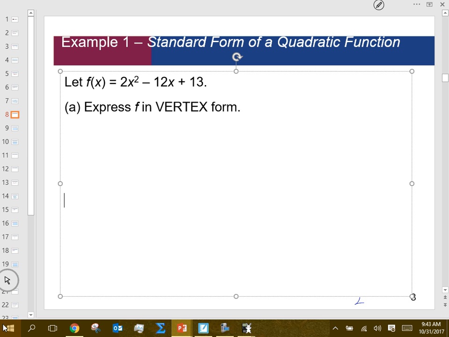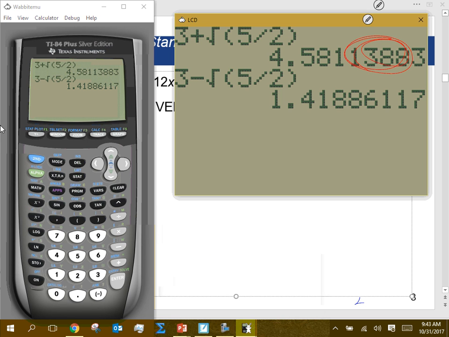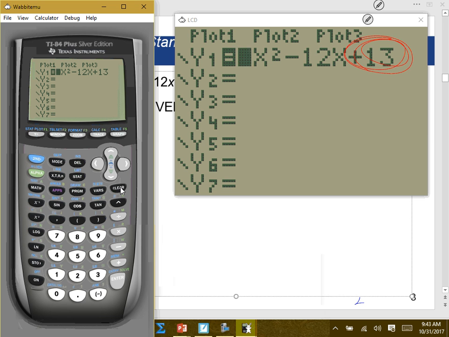First thing I'm going to do, I'm going to y equals, and I'm going to type in that function. Okay, so y equals, and I look at that function. The only drawback right now, I guess, of using your calculator, I use the old TI-83s, 84s, so I don't know if the new ones have changed or not.